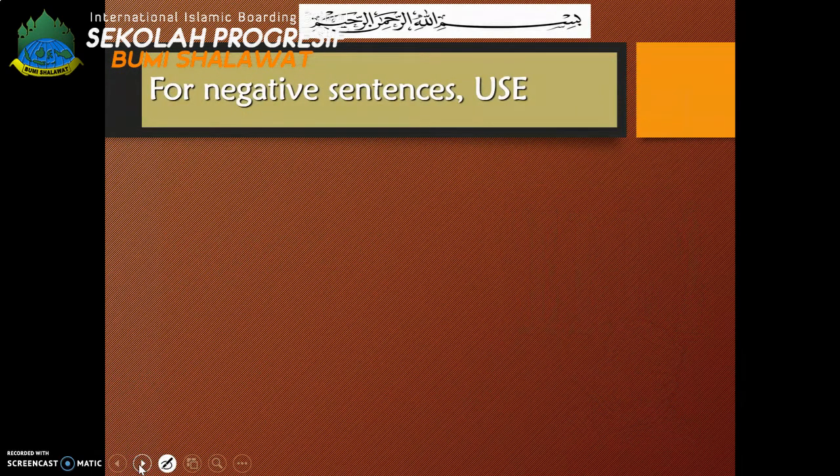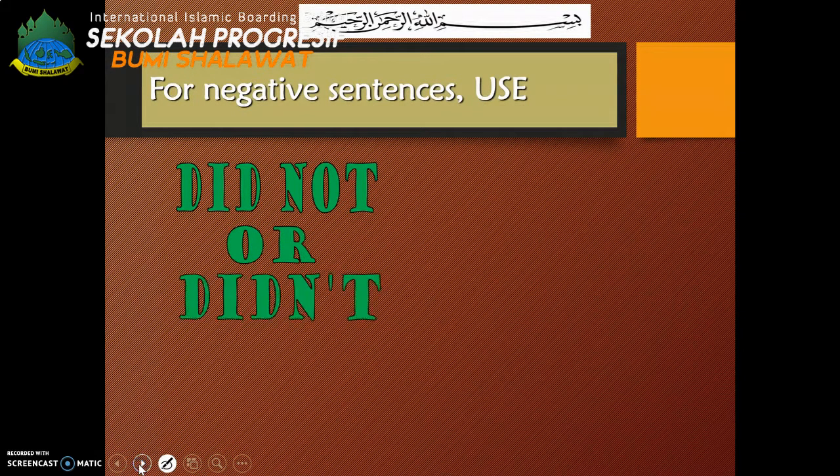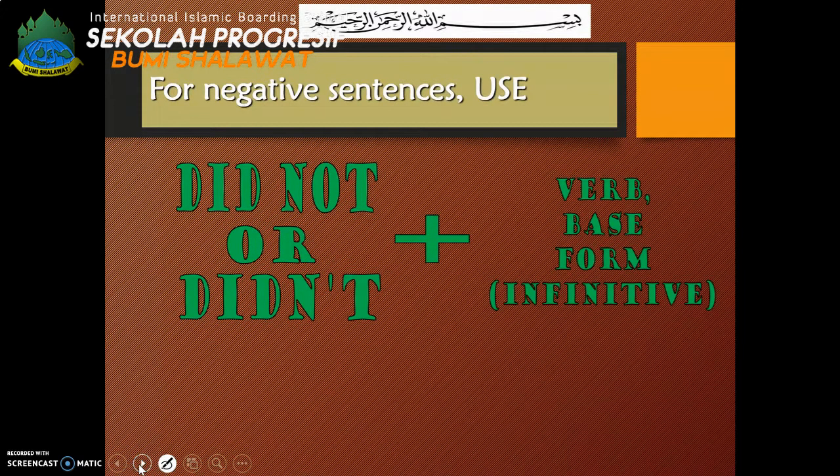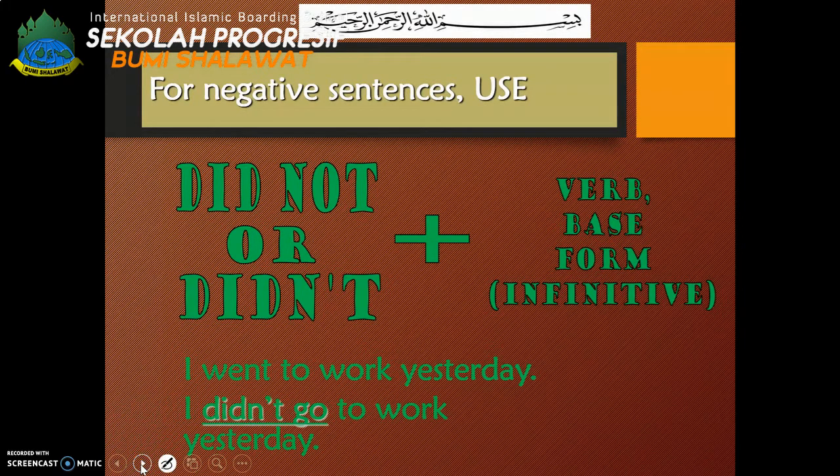Next, for the negative sentence, we use subject plus did not or didn't plus verb 1, or we sometimes say verb base or infinitive. For example, this is for positive: I went to work yesterday, and then I change it into a negative sentence to be I didn't go to work yesterday. Why do I use verb 1 here?